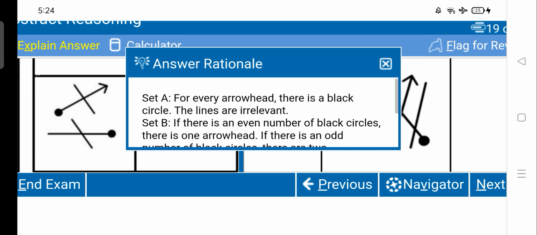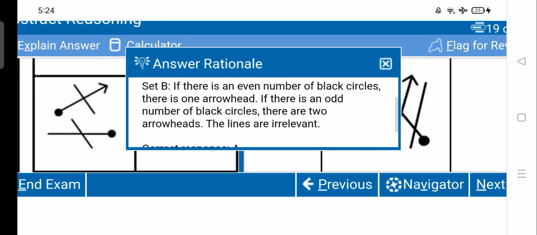For set B, if there is an even number of black circles, there is one arrowhead. If there is an odd number of black circles, there are 2 arrowheads, and the lines are irrelevant.